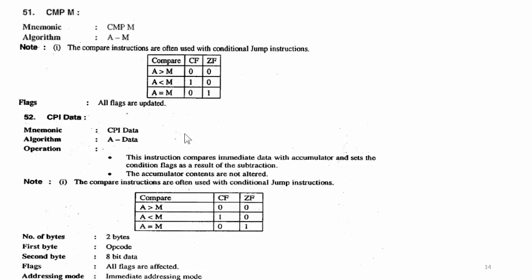Next, the comparison instruction from immediate addressing mode, that is CPI, compare immediate: the accumulator content is compared with 8-bit immediate data. Here, once again, if the accumulator content is bigger than the 8-bit data, so in this table there is a printing mistake.